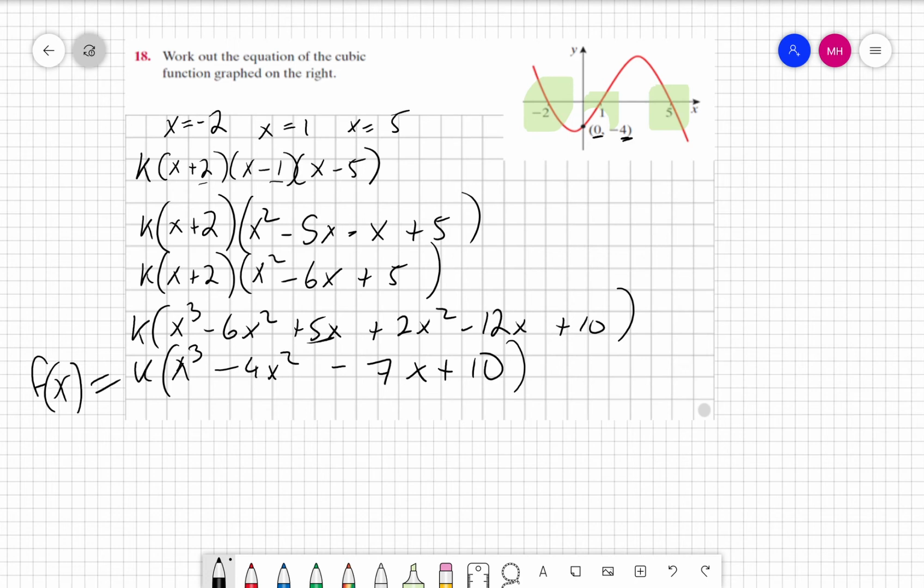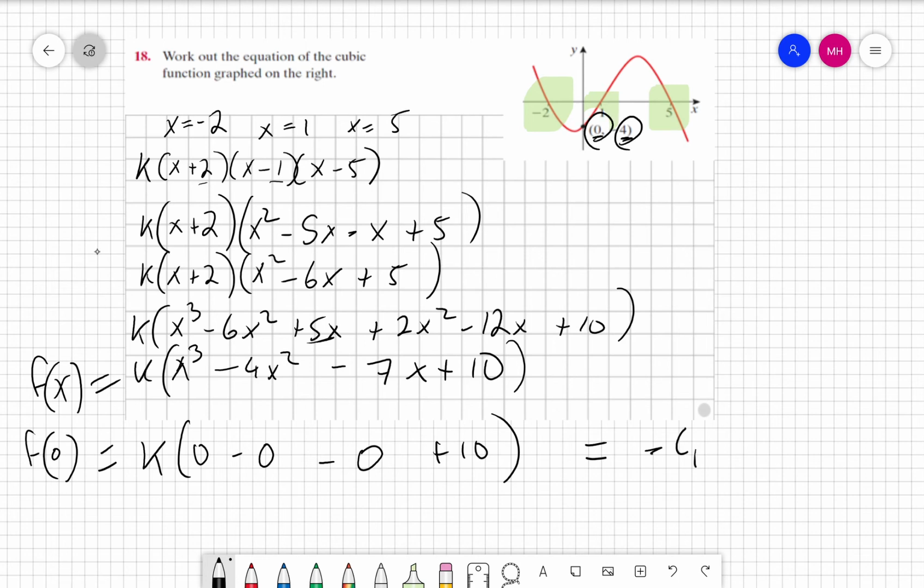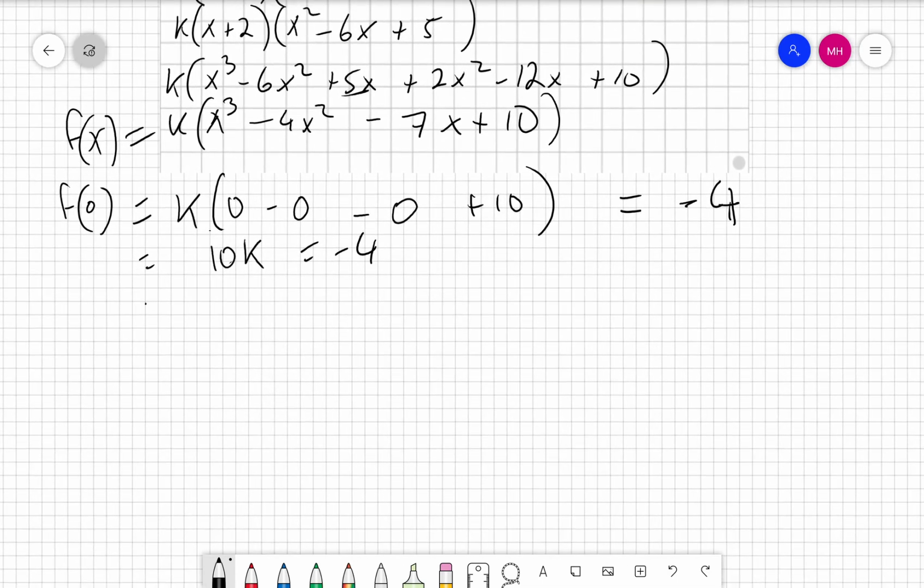So if we were to put 0 into this function, what would you have? You'd have k into 0 minus 0 minus 0 plus 10, and it has to be equal to minus 4. We put 0 in, we get a minus 4 out. So you've got k by 10, or 10k, is equal to minus 4. What does that mean?